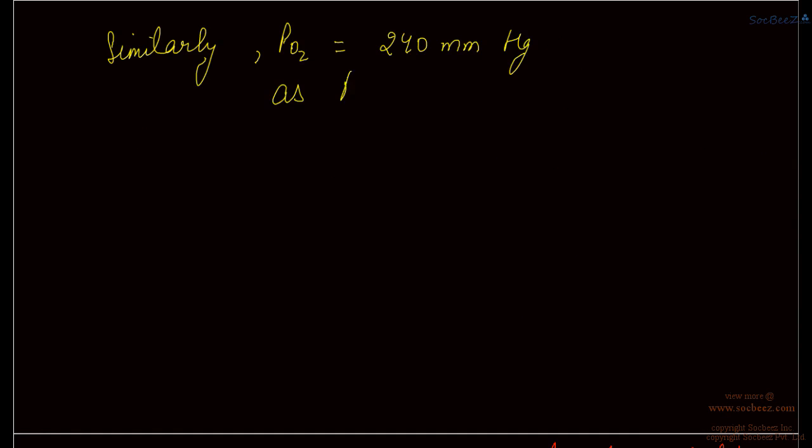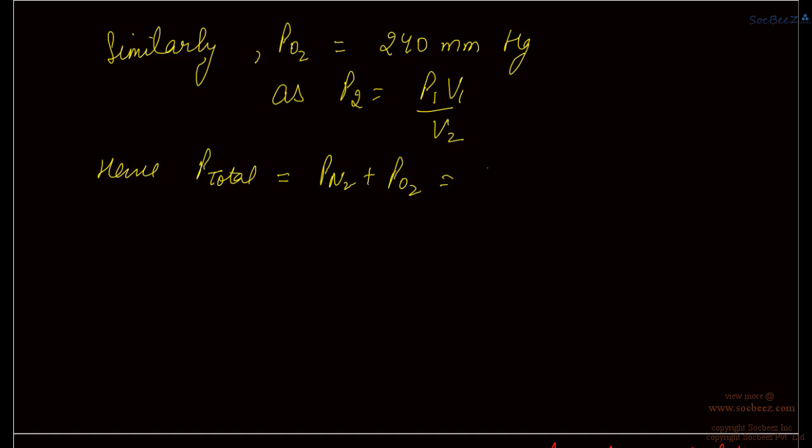Okay. Now similarly, the final pressure of O2 is 240 millimeter Hg, as P2 is equal to P1 V1 upon V2. Okay, and hence, applying Dalton's law of partial pressure, P total equals P N2 plus P O2.